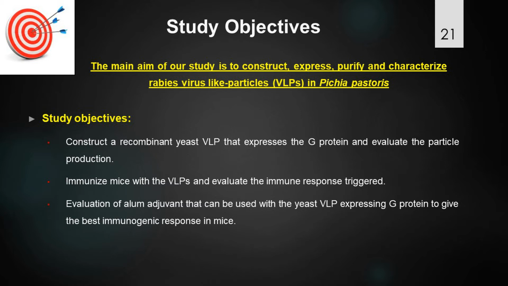The study objectives are: construct a recombinant yeast VLP that expresses the G protein and evaluate the particle production; immunize mice with the VLPs and evaluate the immune response triggered; and evaluate the alum adjuvant that can be used with the yeast VLP expressing G protein to give the best immunogenic response in mice.